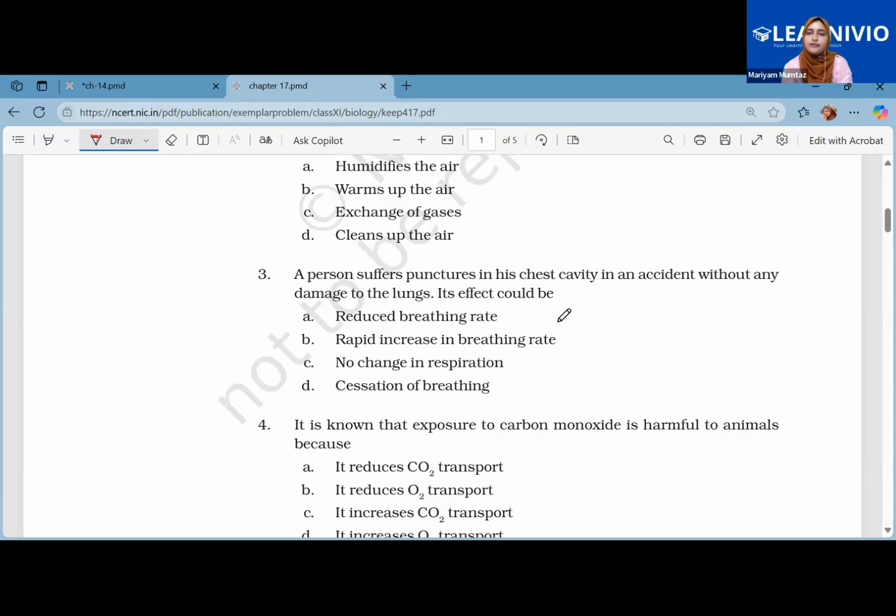Okay. Why? Because the chest cavity and the pulmonary cavity are interconnected, right? Explanation is right, answer is wrong. So Nidhi, what is your answer?